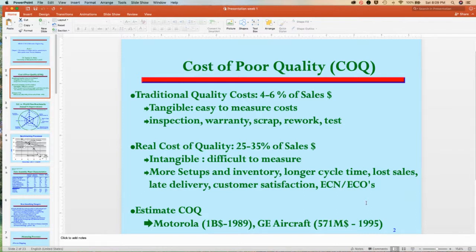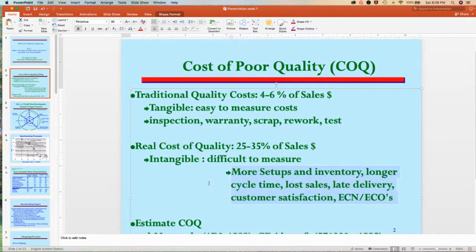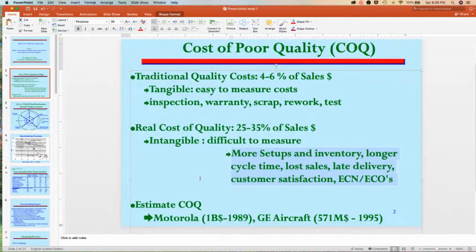Things like inspection, warranty, scrap, rework. These are all easy to measure things in quality, and they are very expensive, okay? They are like 4 to 6% of the cost. The real cost is difficult to measure because you have setup and inventory, cycle time, things like that, which you don't want to do.